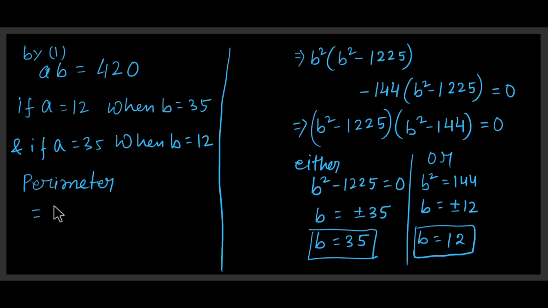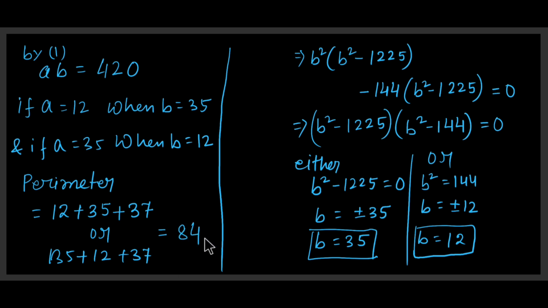Perimeter of the triangle is 12 plus 35 plus hypotenuse 37, or 35 plus 12 plus 37. In both of the cases we get the same result, and the addition of 12, 35 and 37 is 84. So our answer is 84 centimeter.